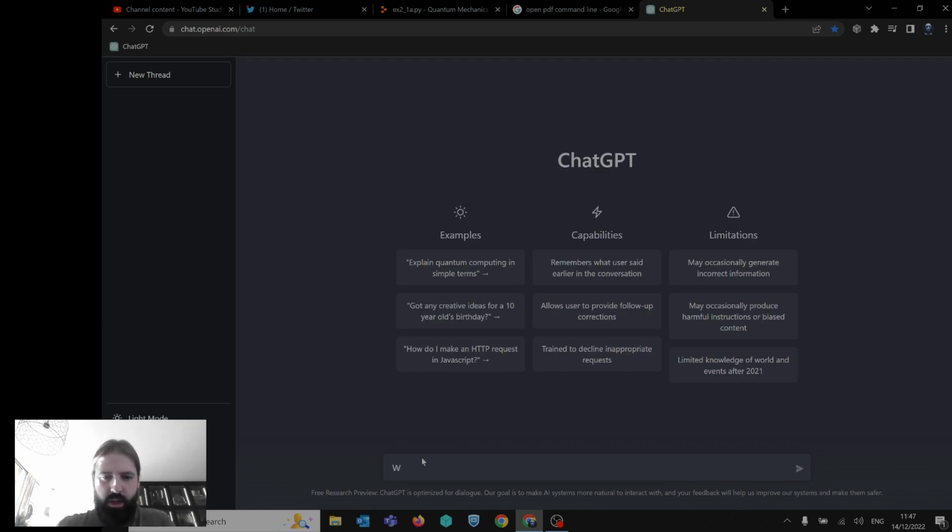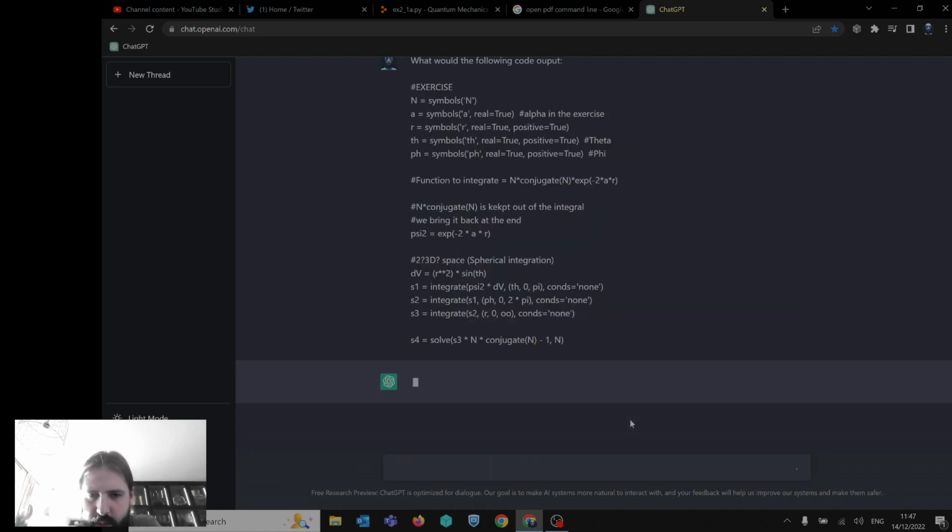What is the following code output? Will it know?